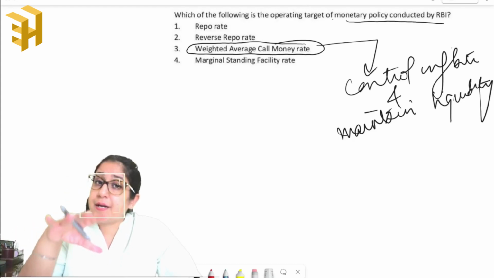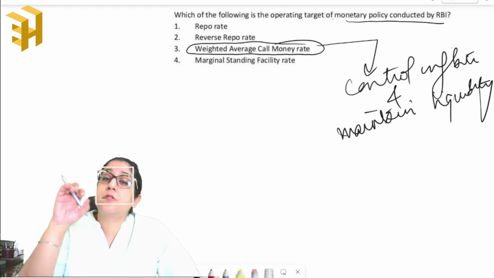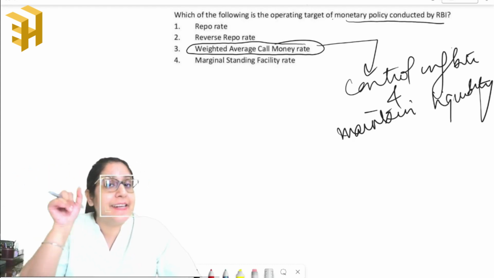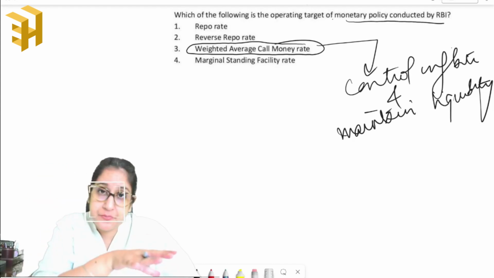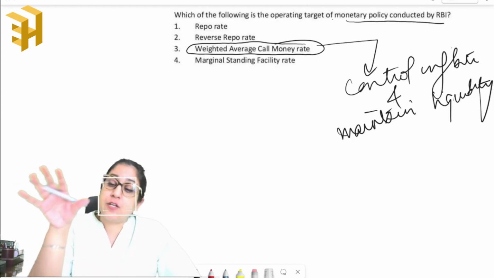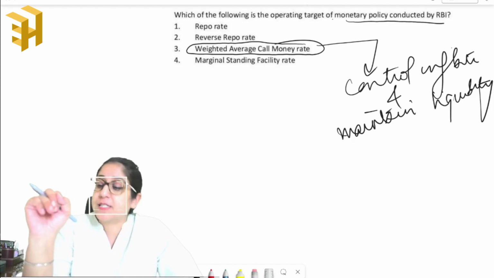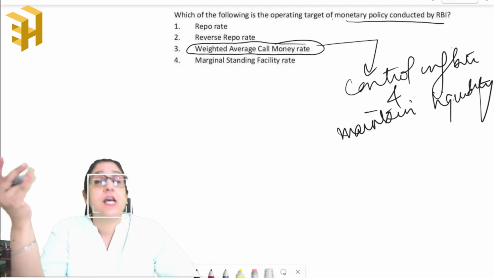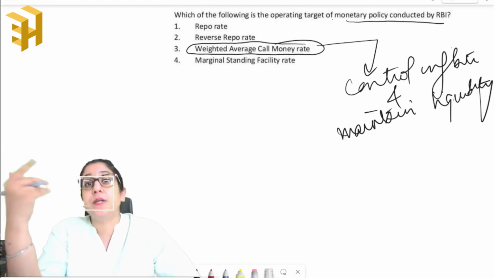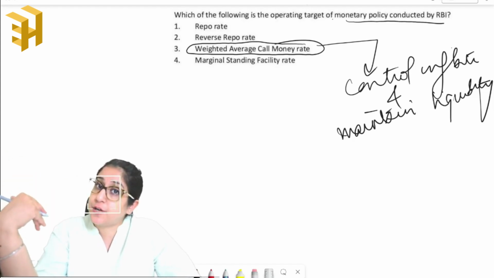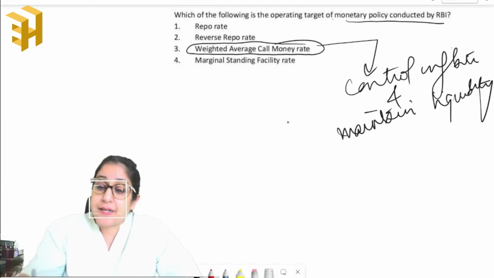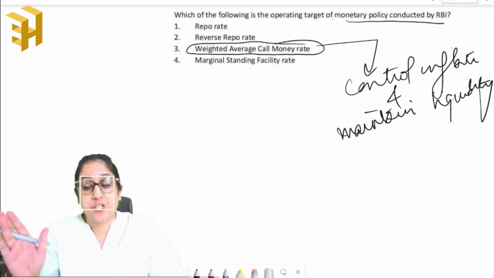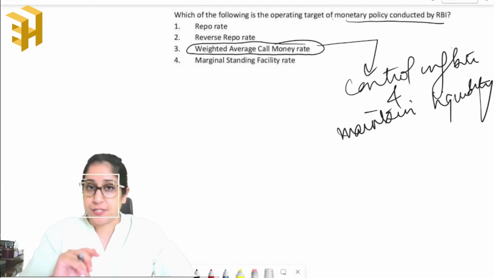The RBI basically controls the interest rates of short-term borrowings and lendings through the call money market, right? The main objective is to control the inflation rates and maintain liquidity. So RBI influences the interest rate in the economy through this call money interest rates, right? And simultaneously it achieves the objective of inflation and maintains liquidity.